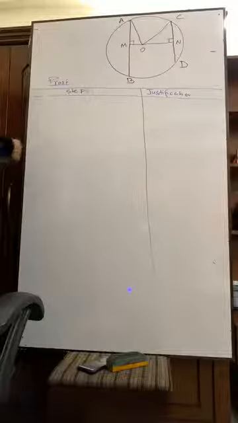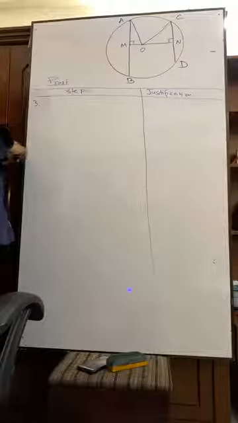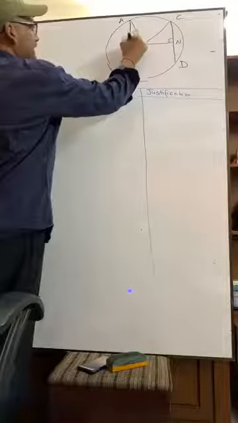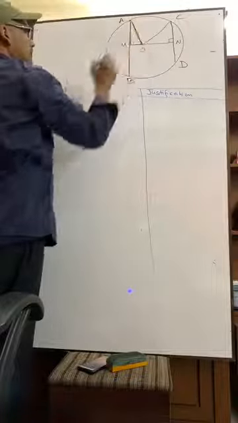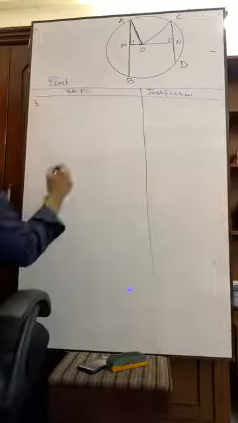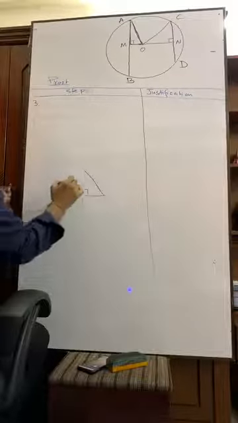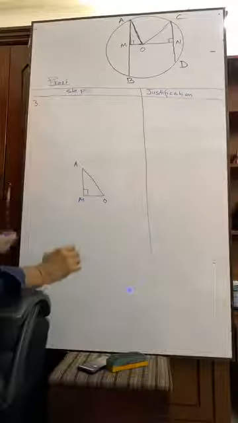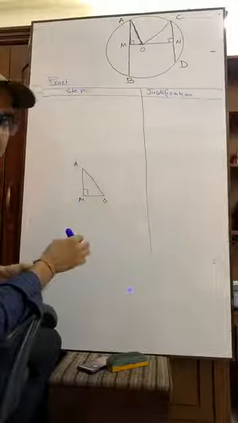Now step 3. See, this is a right angle triangle, right? What we are getting here? Suppose AMO. It is a right angle triangle. So we can apply here the theorem of Pythagoras.